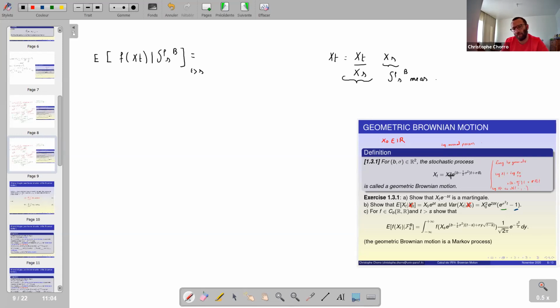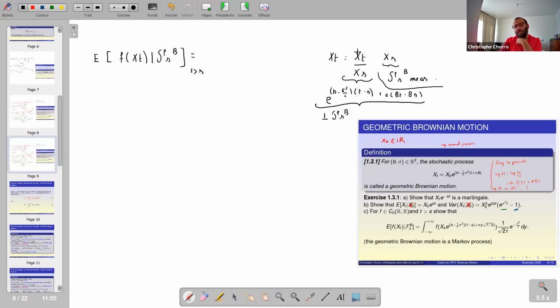Taking this expression here, I obtain simply exponential b minus sigma square over 2 times t minus s plus sigma Bt. And in fact, I remark that here I have Bt minus Bs and a deterministic part. So this part here is independent with respect to FsB.